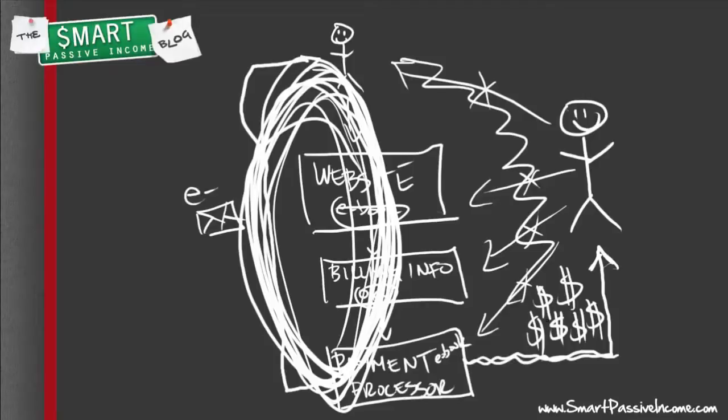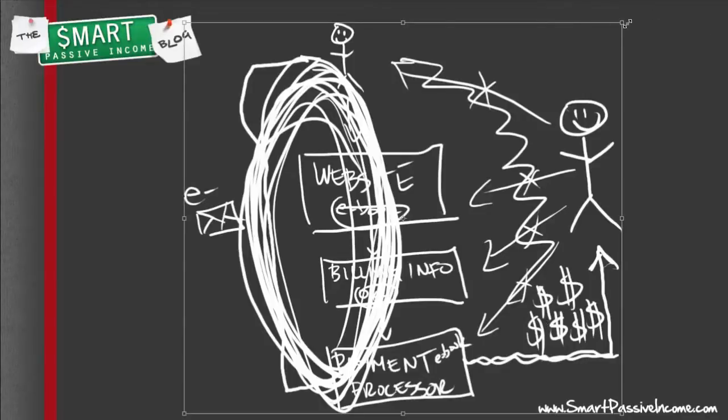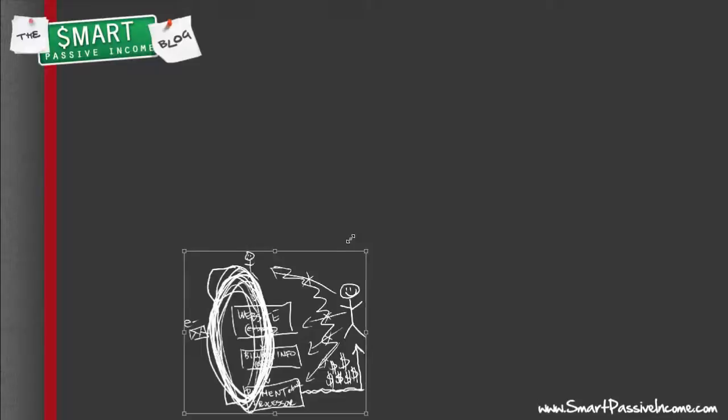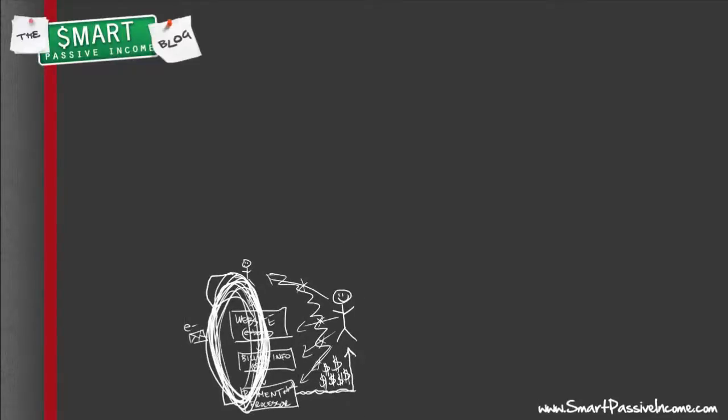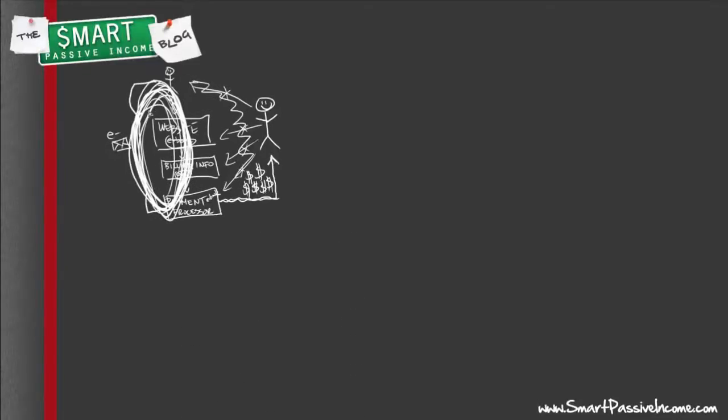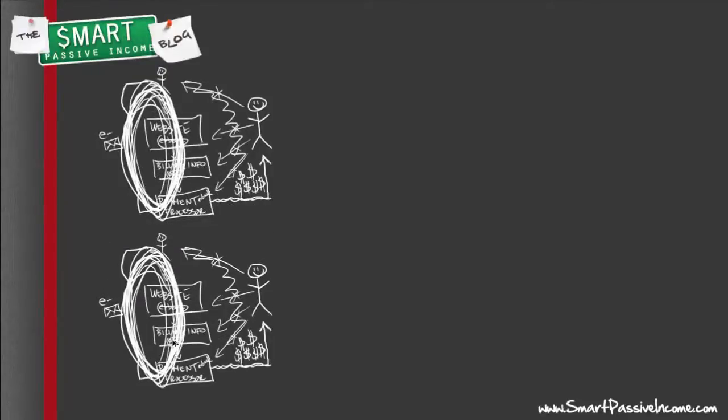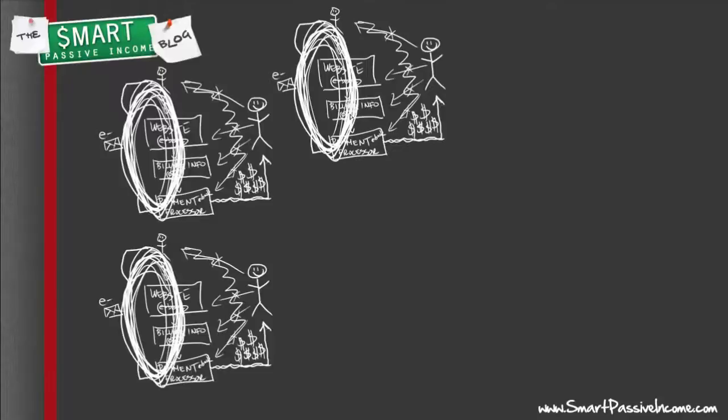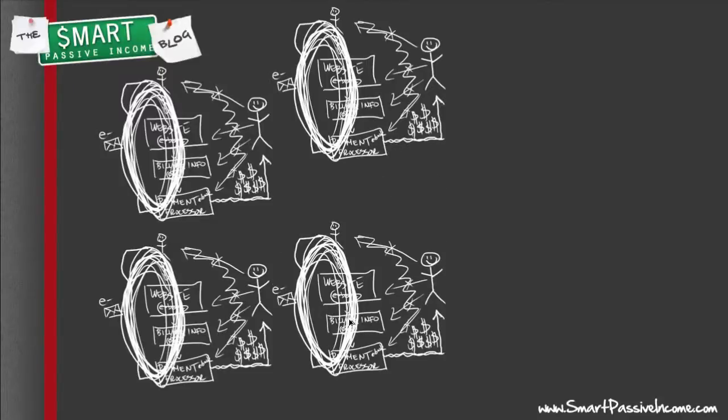So after you set this up the first time, do you think it'll be really easy to set up another one? Yeah. Of course, maybe you can even copy paste the whole thing and just do it in a different niche or do it with different products. So you create one, boom, you have another one. Easily create multiple passive income streams like that.